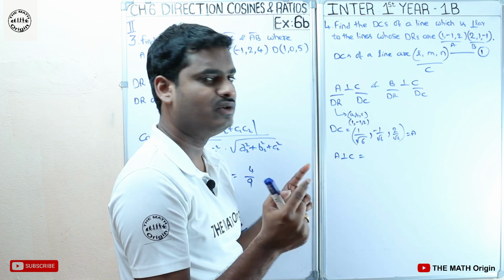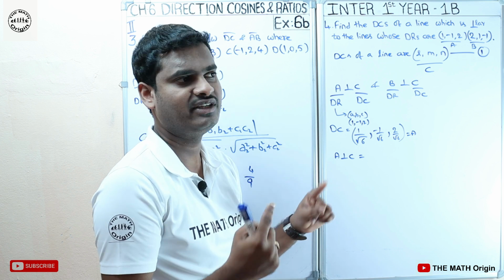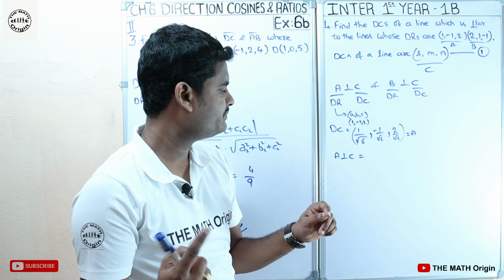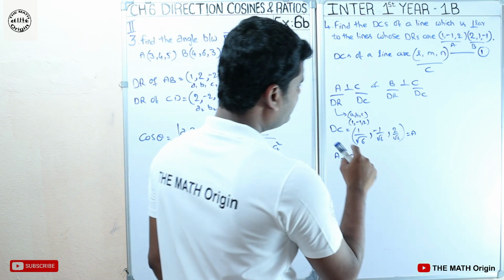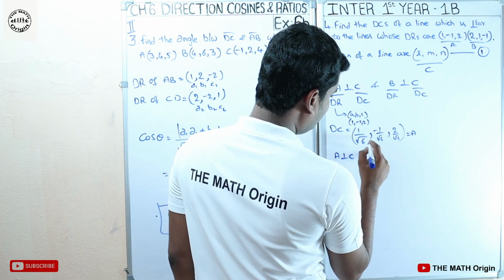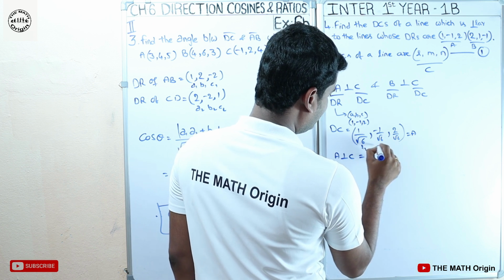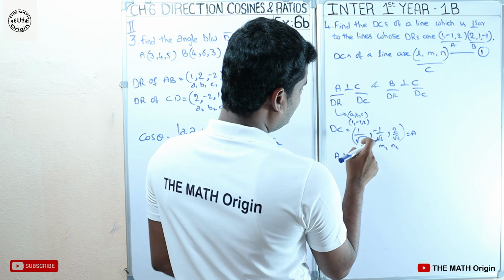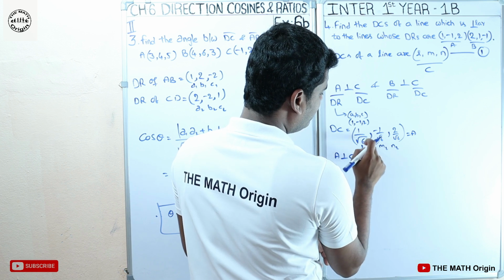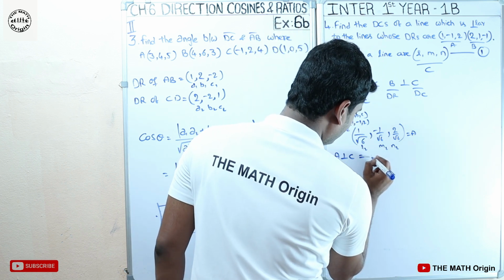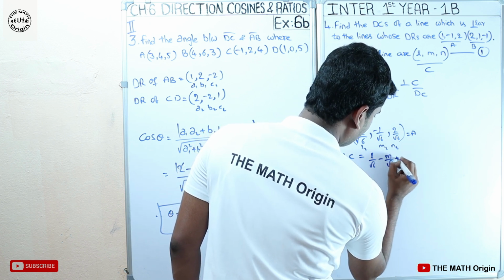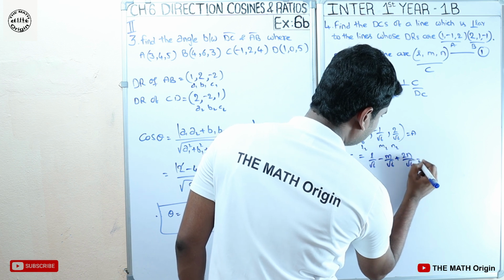Therefore, if two lines with DCs are perpendicular to each other, L1 L2 plus M1 M2 plus N1 N2 equals 0. For C we have L M N and for A it is 1 by root 6, minus 1 by root 6, 2 by root 6, so it will be L by root 6 minus M by root 6 plus 2N by root 6 is equal to 0.